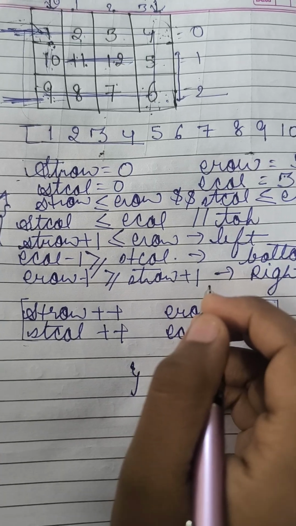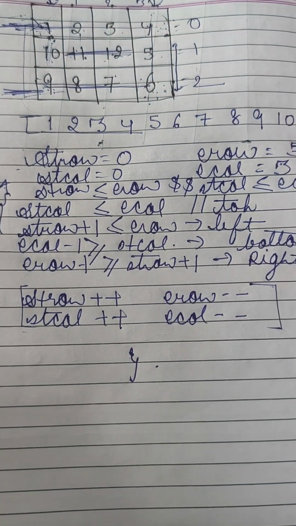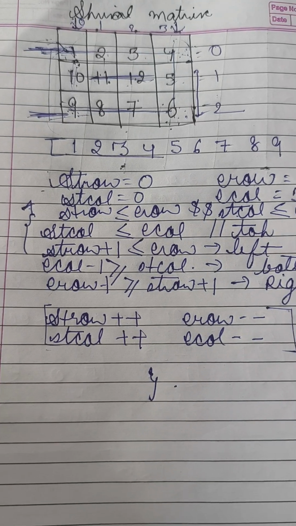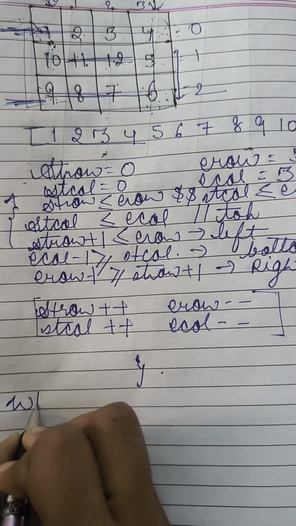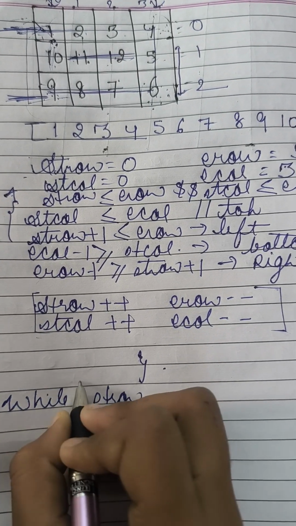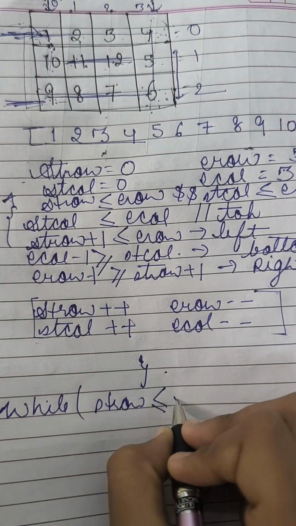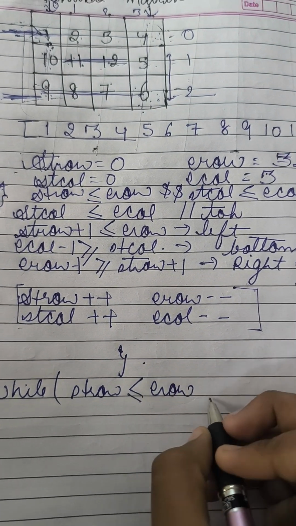So this was the spiral matrix logic. Now moving ahead, let's write the code properly. The code is going to be while starting row is smaller than or equal to ending row.